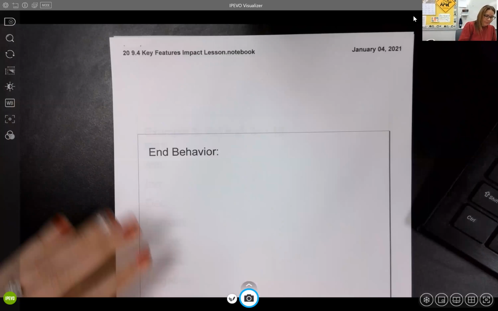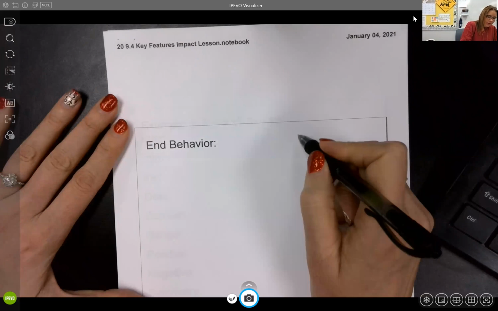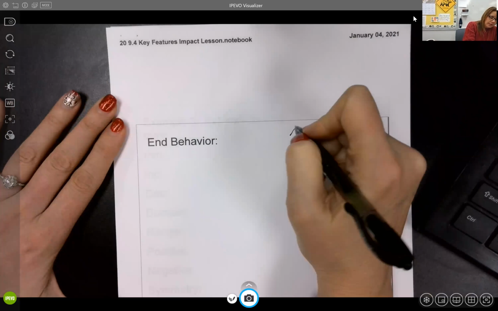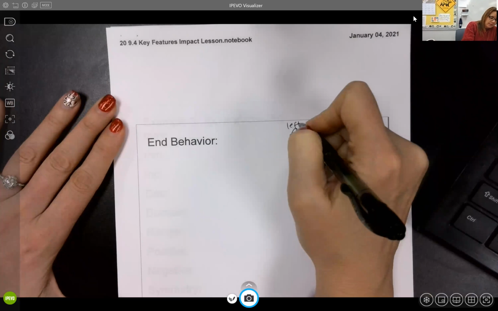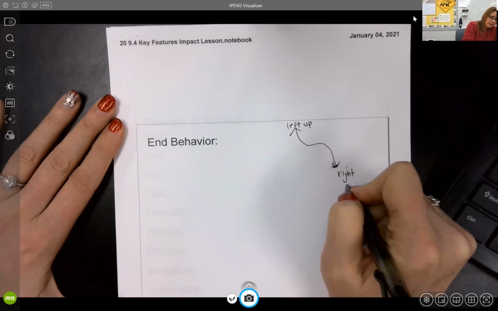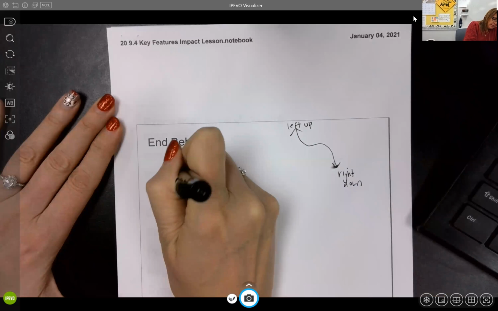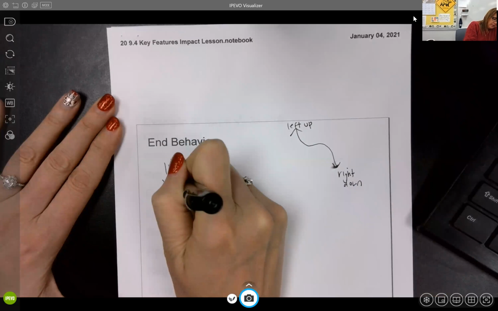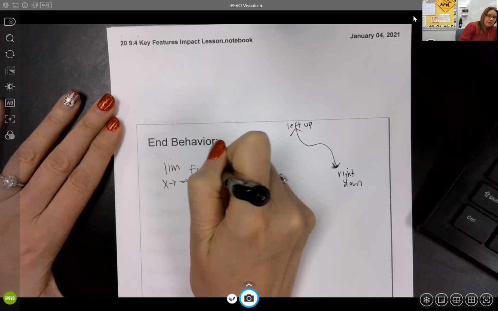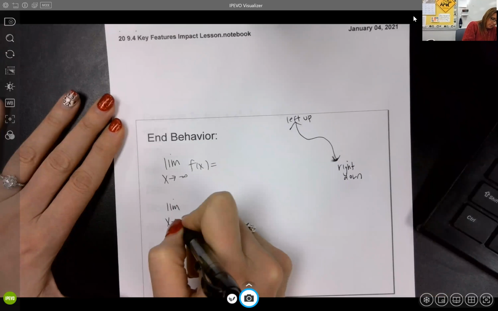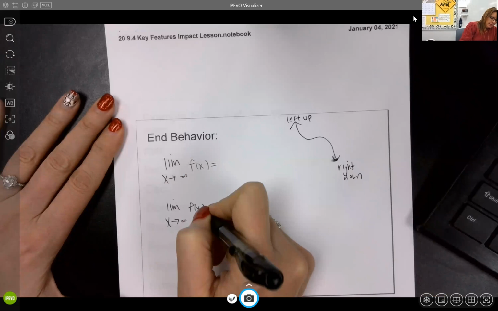And end behavior, this is going to be the direction of your graph, which we have covered before. So this is the left side, it's up. This is the right side, it's down. So when I do my end behavior, I write the limit as x approaches negative infinity as the left side, and then the limit as x approaches positive infinity as the right side.